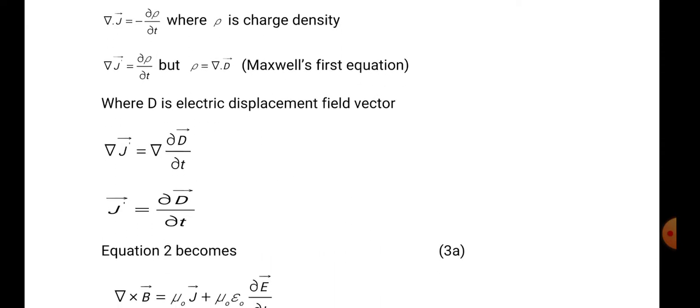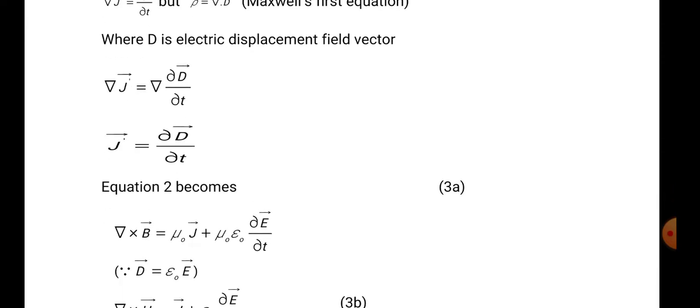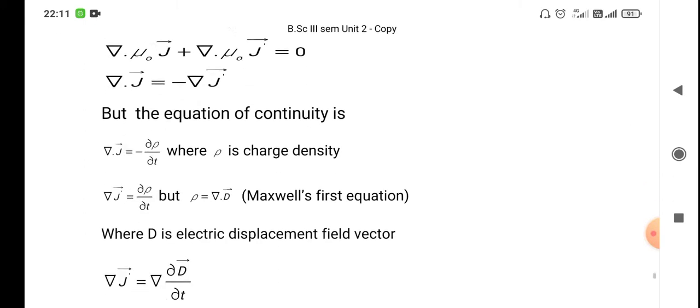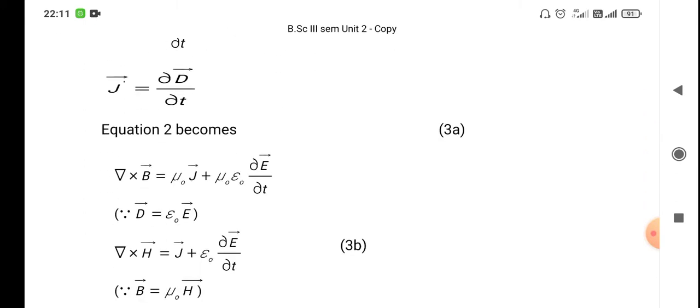Neglecting the divergence, J dash bar is equal to del D bar by del t. Now equation 2 becomes curl of magnetic field, del cross B bar, is equal to mu naught J bar plus mu naught epsilon 0 del E by del t.